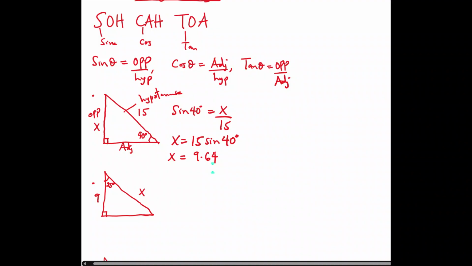We have another one here. In this one we are given the hypotenuse to be x. We are not given the opposite side, but we are given the adjacent. Okay, and we are given the angle to be 25 degrees. So we are given the adjacent, and we are asked to find the hypotenuse. And the trigonometric term that connects these two is cos theta.